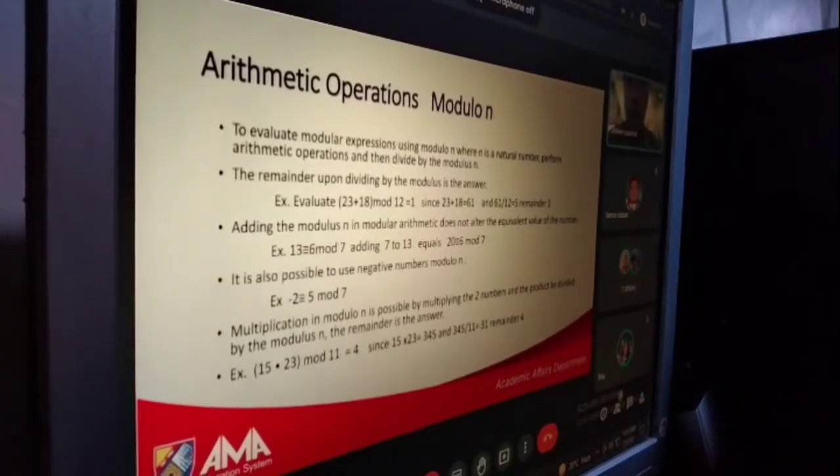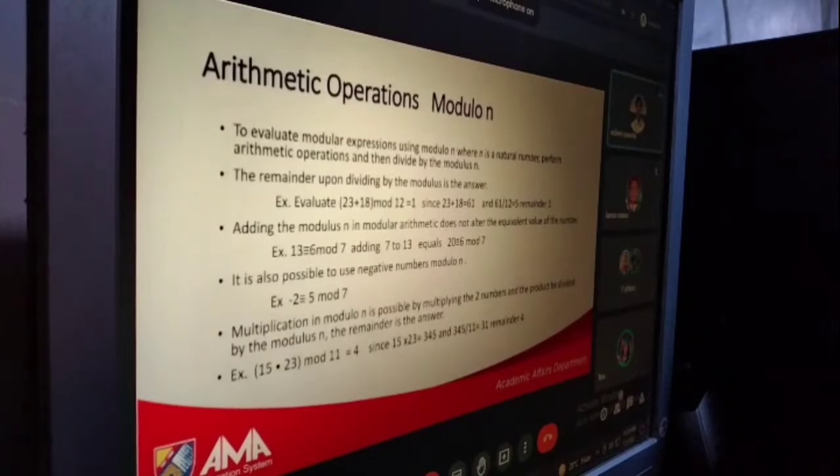So for as long as ini-add natin yung ating modulus n, i-add natin with our first integer doon sa ating modular arithmetic, ang tawag doon equivalent value. Malinaw po? Yes po. Sa first lang ha, sa first integer lang ha, hindi nyo gagalawin yung second integer.